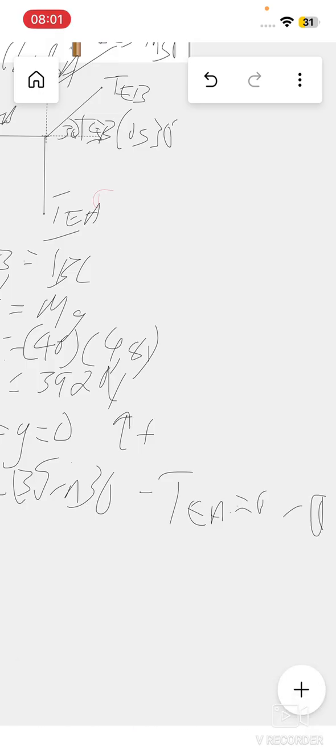We also said TBC is equal to TEB because there is no friction.